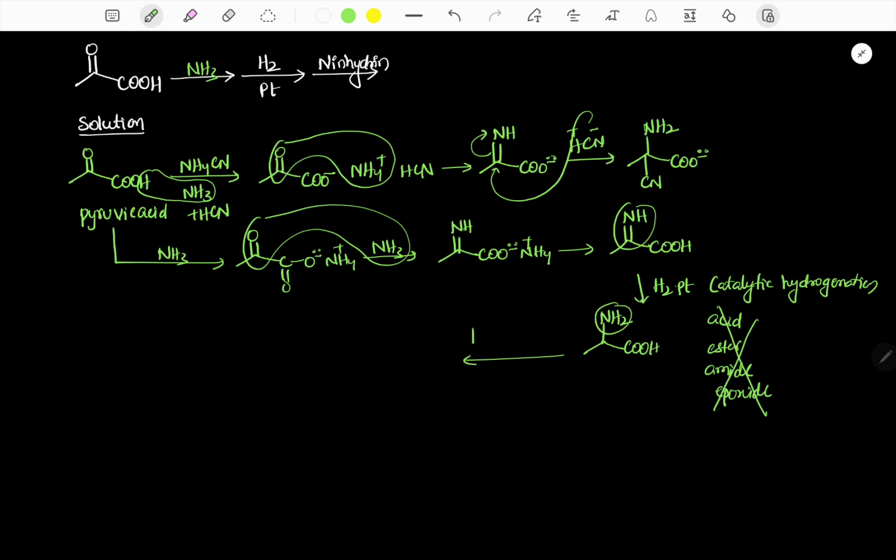Now it is treated with ninhydrin. So this is the structure of ninhydrin. When ninhydrin is treated with an alpha amino acid, the CO2 undergoes decarboxylation and this carbon undergoes oxidation. Suppose this carbon is labeled as star. The answer is CH3, CH double bond O, labeled carbon.